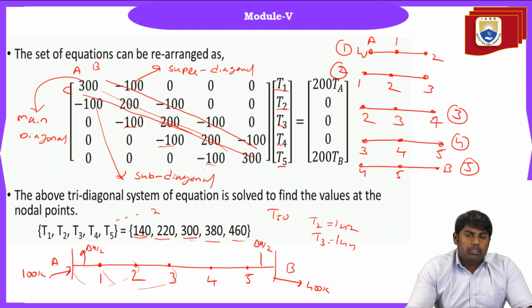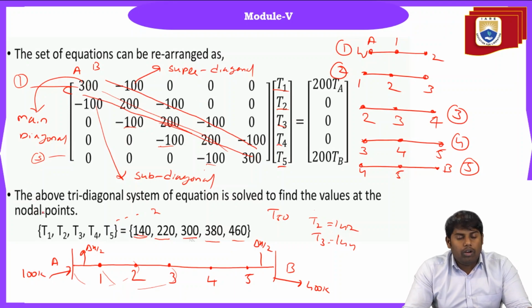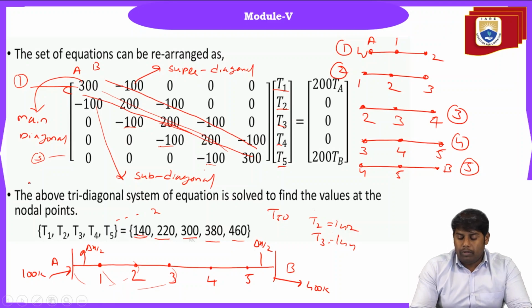For the west node, the boundary is present, therefore AW is 0. That's why for row 1 you have only 2 elements, and similarly for row 5 you again have 2 elements. This is combined with the source term. This is how we solve the finite volume formulation for the diffusion equation.